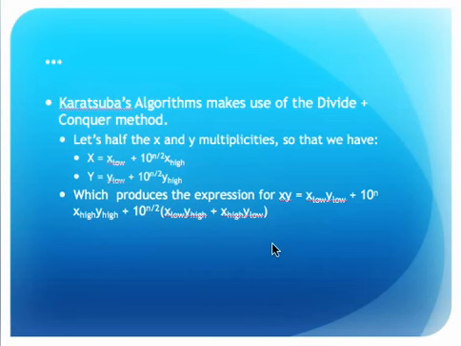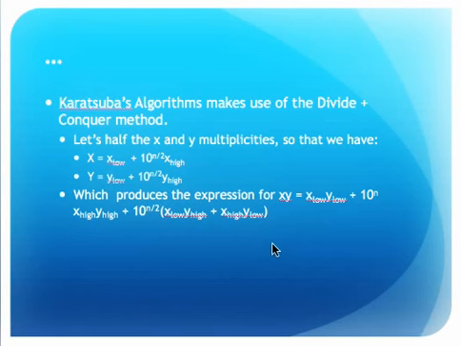So as we explained in the previous lecture, divide and conquer is a very key method that we'll probably use throughout this entire series. Karatsuba was able to decrement the number of multiplications to 3 rather than 4. So first you have the binary number itself.